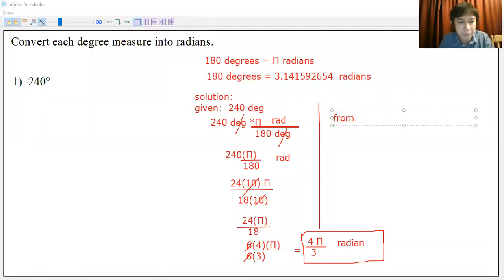Let me retype that. This is now 4 pi, and then over 3, of course. This is 3 at the bottom. You can convert this.